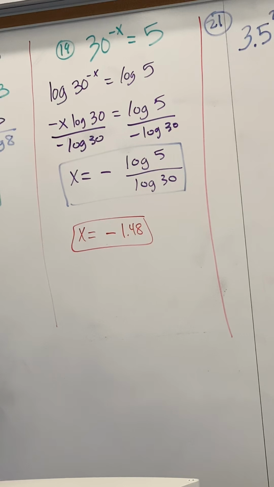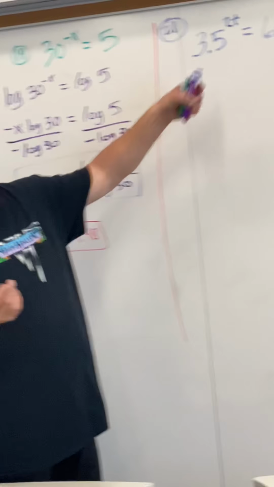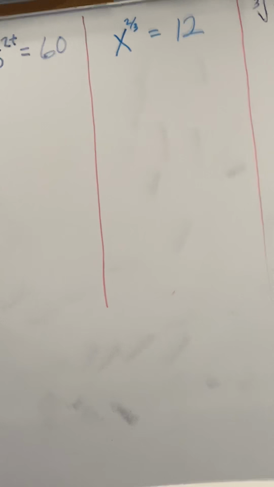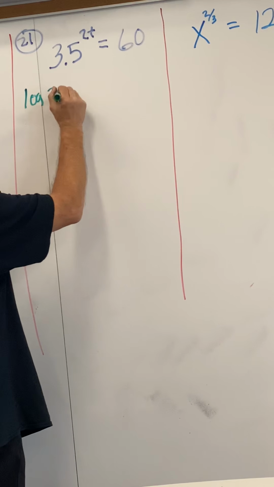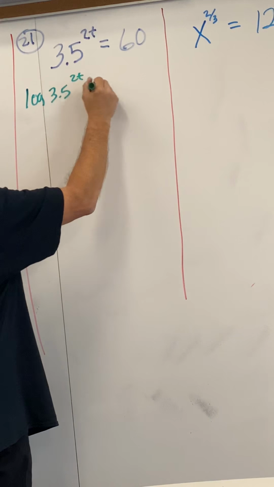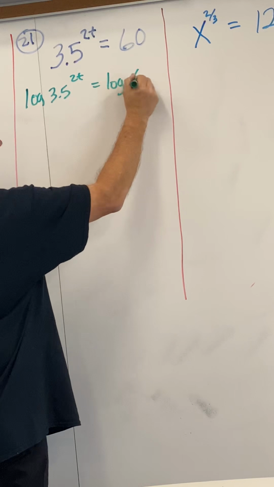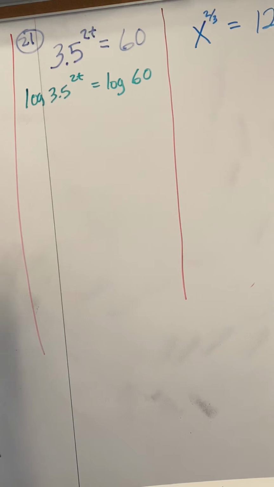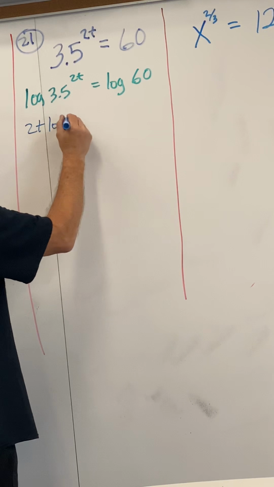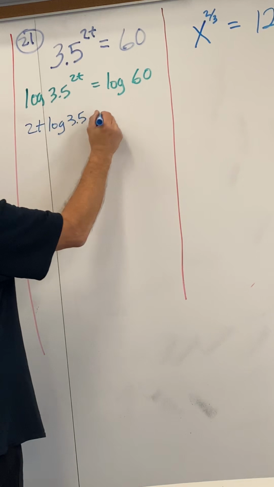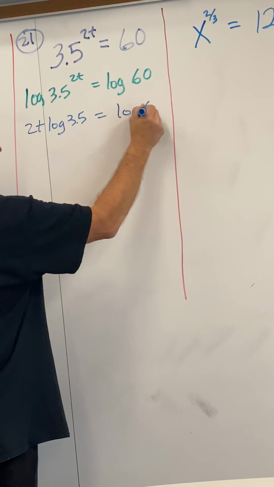This is almost exactly the same thing. So I'm going to take a log of both sides: log 3.5 to the 2t equals log 60. Pump the 2t out front, so we get 2t log 3.5 equals log 60.